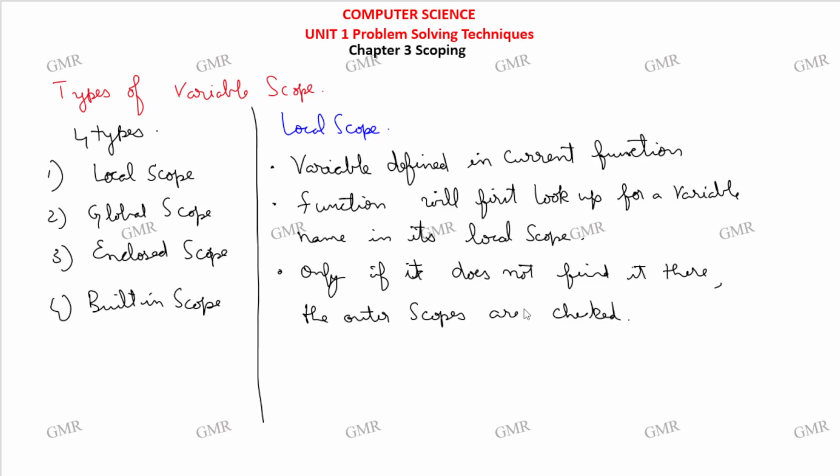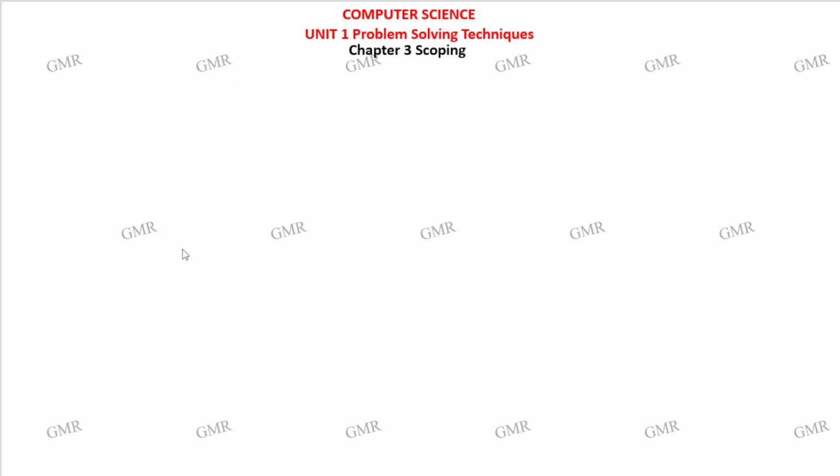Initially, the function will check whether the variable is available in the local scope. If it is not there, it will look for the outer scopes. Now we can see an example for local variable, local scope.